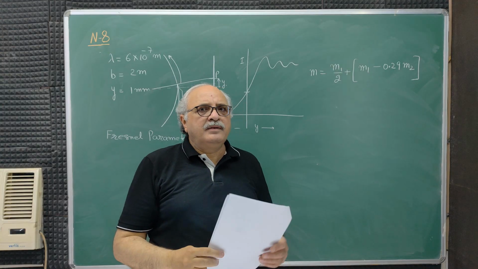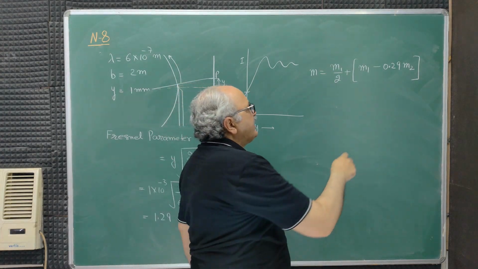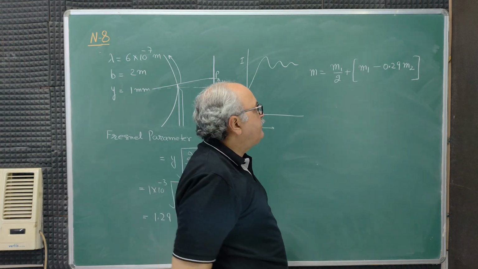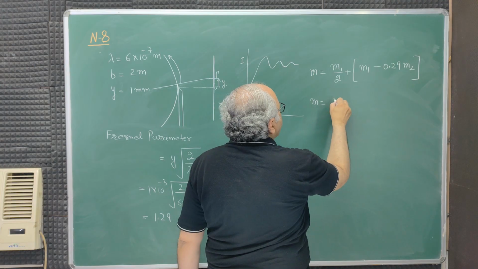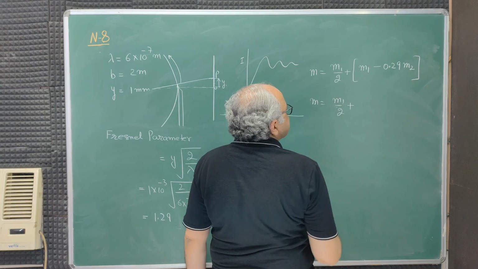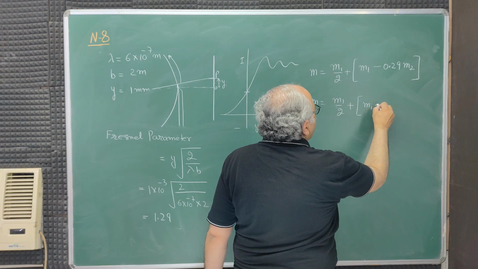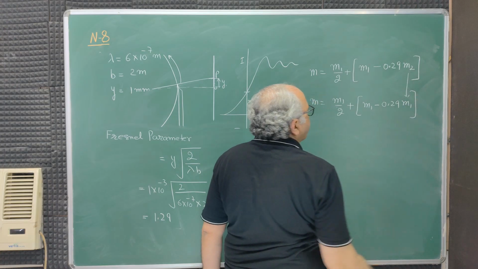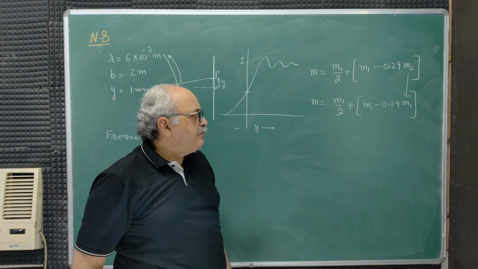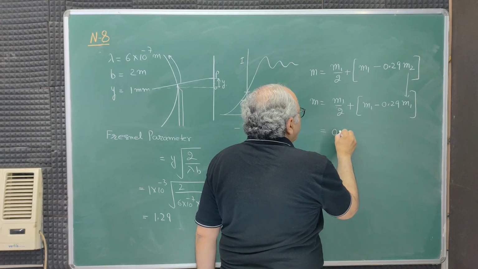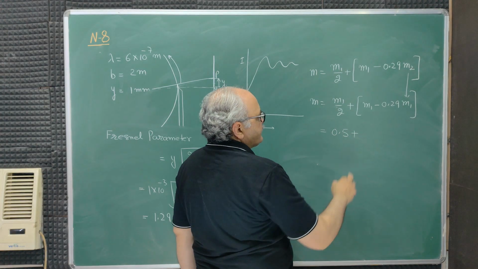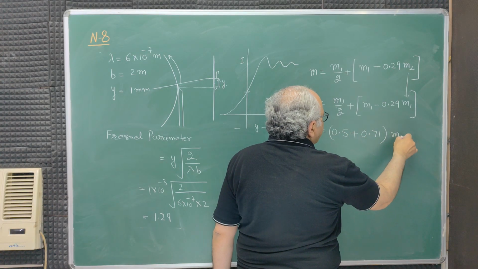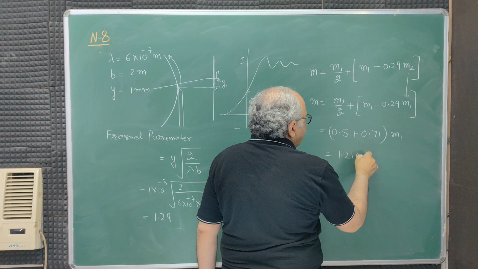To reasonable approximation, we can treat m2 to be close to m1, because there is a decrease, but the decrease is quite small. So this comes out to be m1 by 2 plus m1 minus 0.29 m1. Although I am doing a bit of approximation, just to keep it simple. So this comes out to be 0.5 plus 0.71 of m1, which is 1.21 m1.